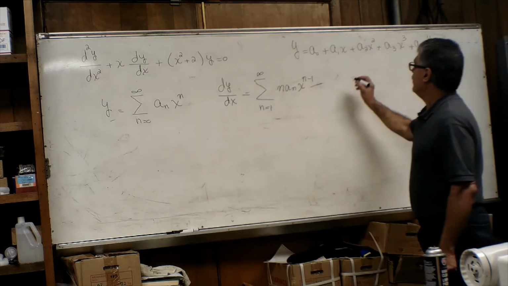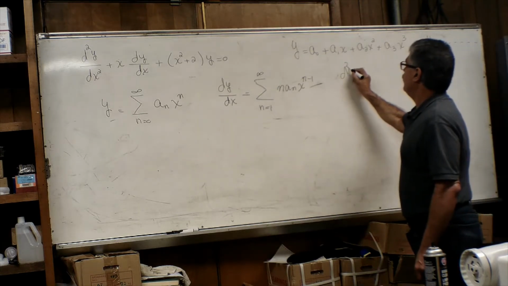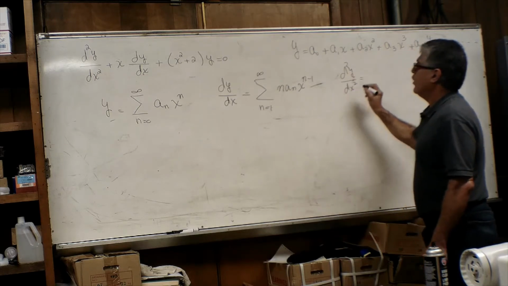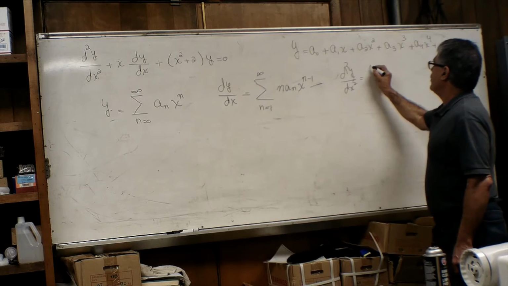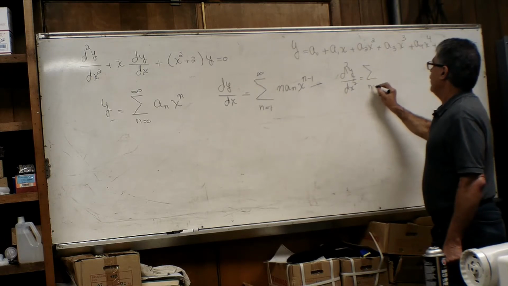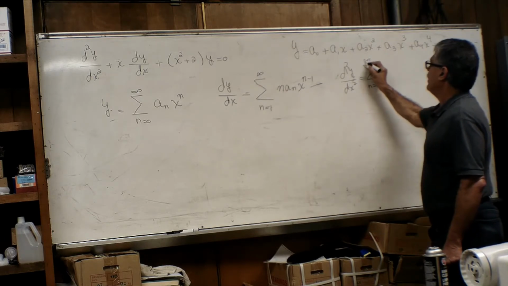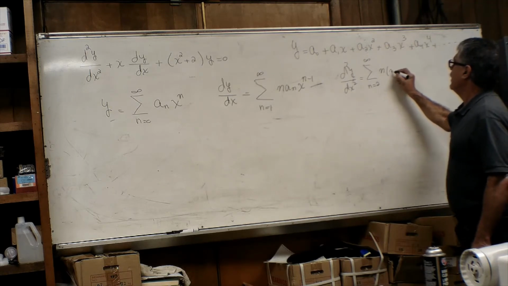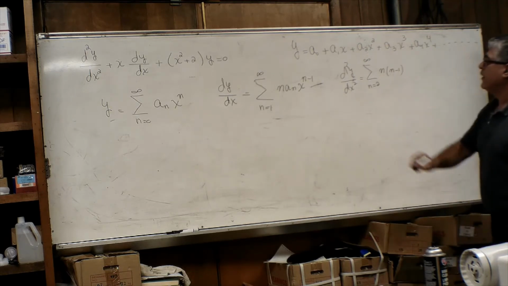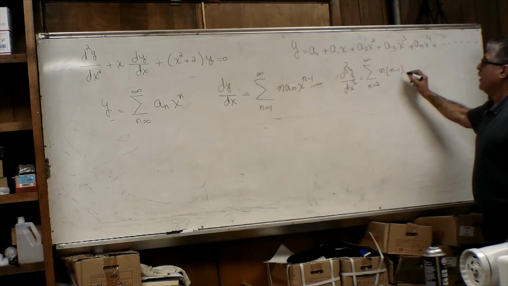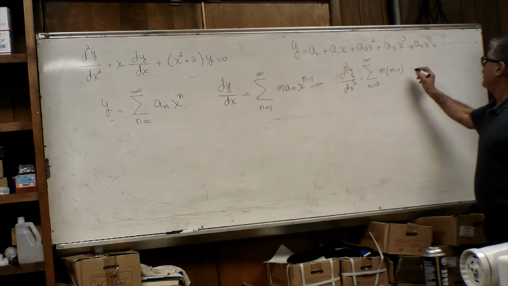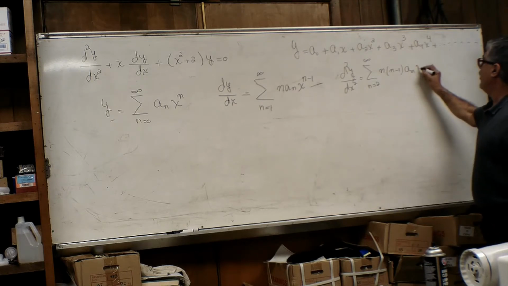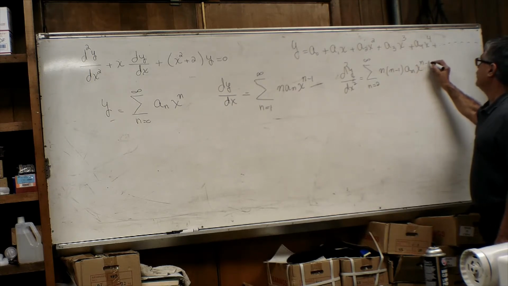And the second derivative, d2y over dx2, is equal to summation from n from 2 to infinity of n times n minus 1 a n x to power n minus 2.